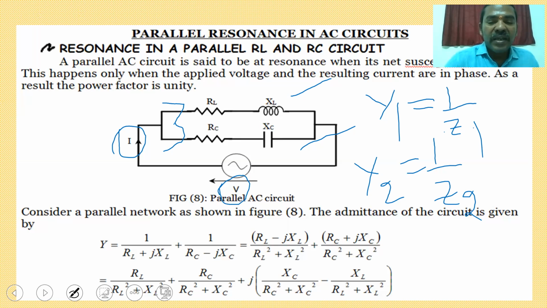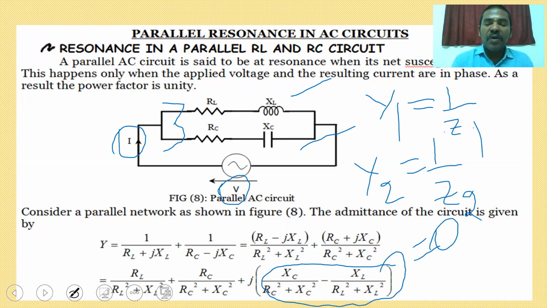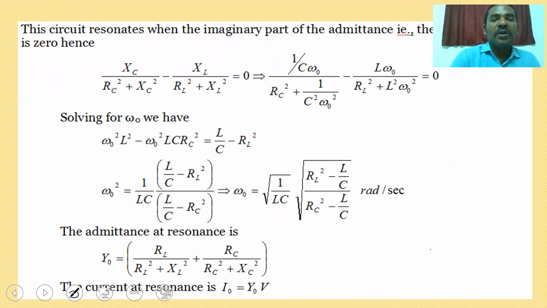Now this net reactance must be equal to 0. If you substitute, you get XC divided by (RC square plus XC square) minus XL divided by (RL square plus XL square) equal to 0. What is XC? XC is 1 by C omega naught, and XL is L omega naught.